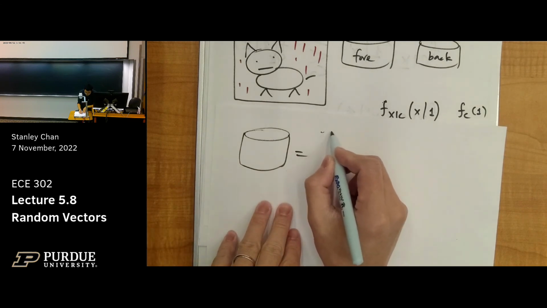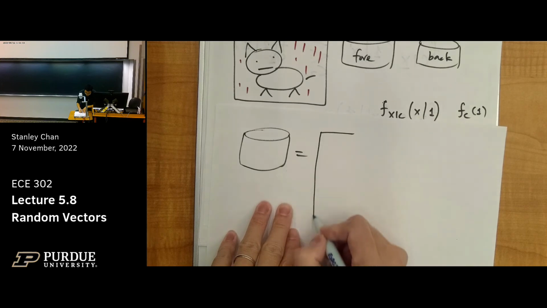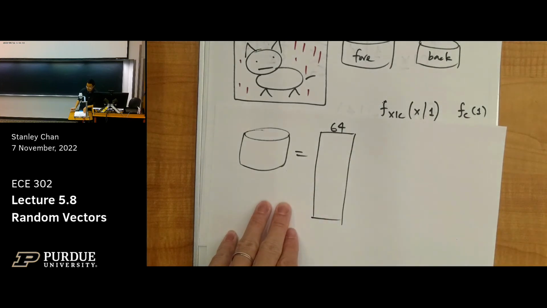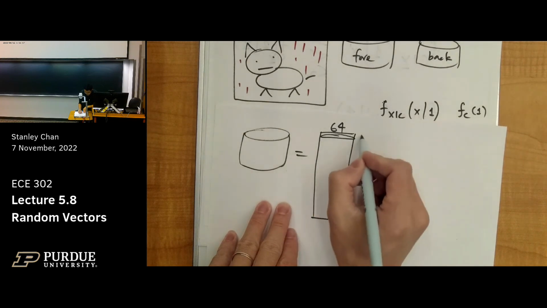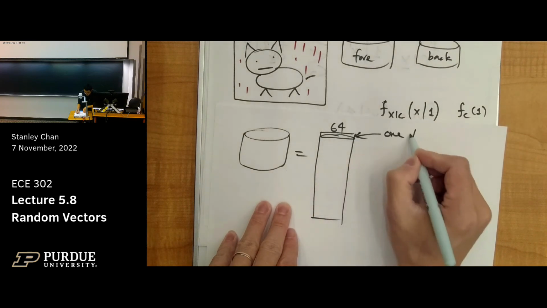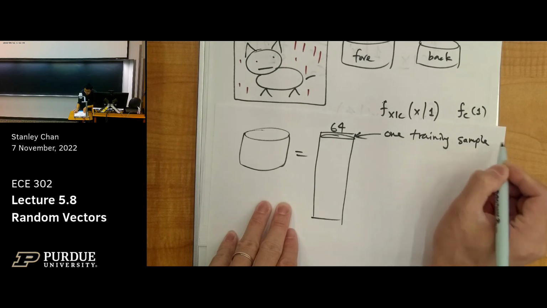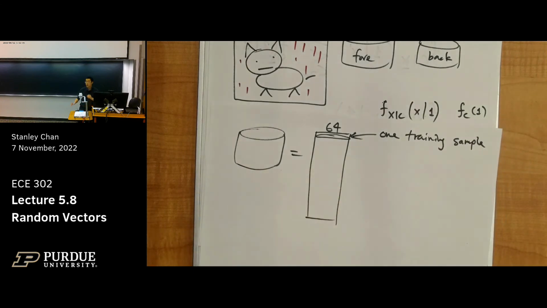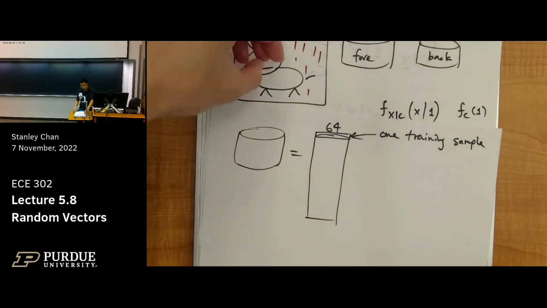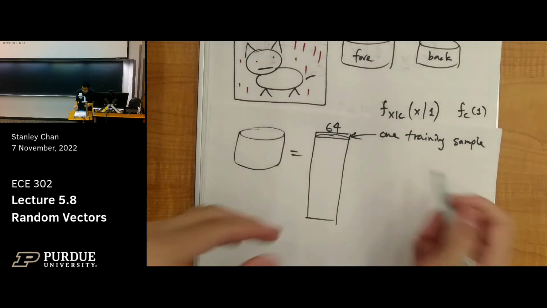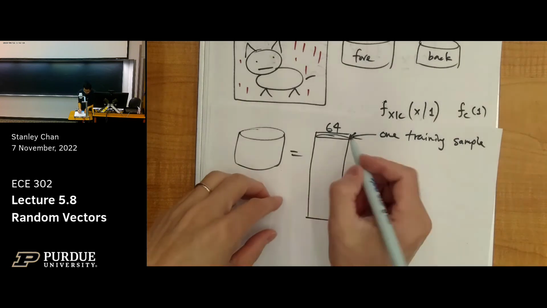If it is a row, then you will have 64 dimensional vectors. So each row will be one training sample. Each training sample means a patch, a patch I gathered somewhere. Don't ask me where I gathered it, but gathered somewhere.